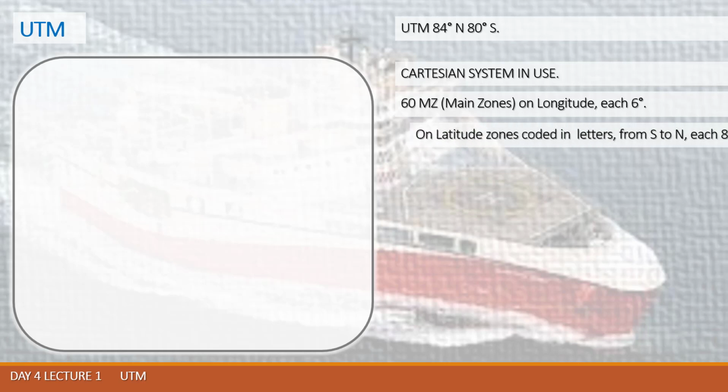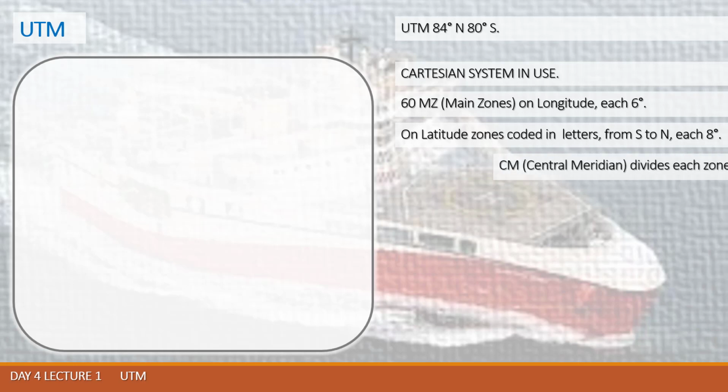The letter O in the zone code and the number 0 are absent to avoid misunderstanding. Each central meridian divides each zone into 2 pieces. And the main zone number 1 extends from 180 degrees west to 174 degrees west.